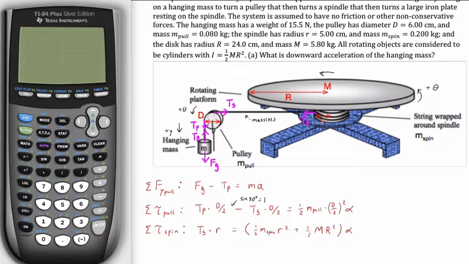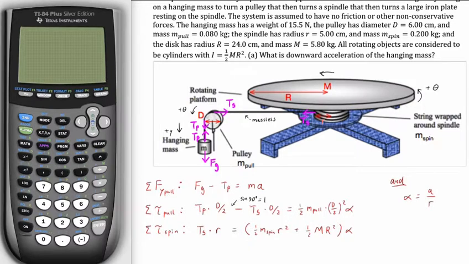Okay, and the other key idea here is that because there's no slipping in the system, all of our angular accelerations are exactly equal to the translational accelerations divided by the relevant radius, so divided by r.